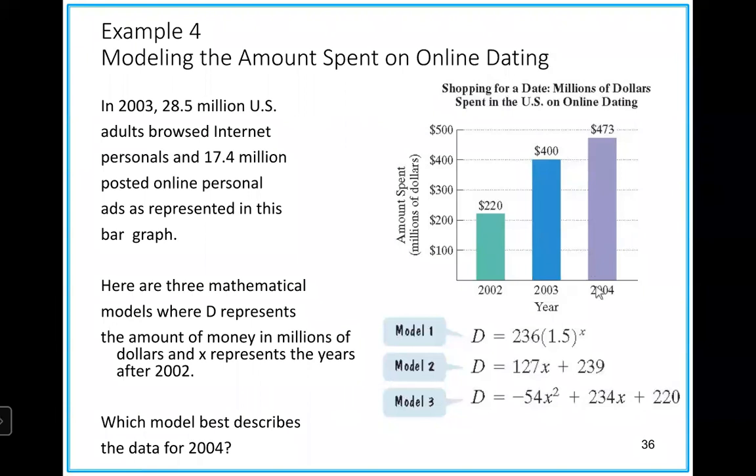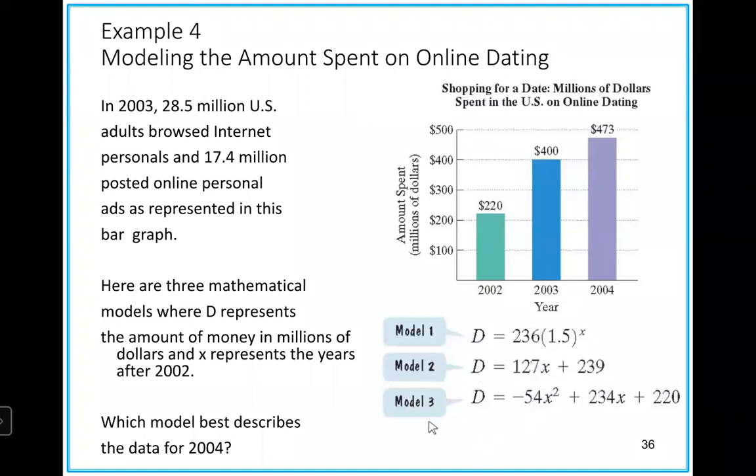So 2004 is this purple one. And so we have three different models. Model 1: D equals 236 times 1.5 to the X power, where X represents the years after 2002. And model 2: D equals 127X plus 239.